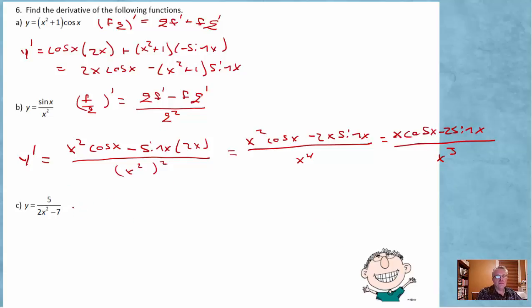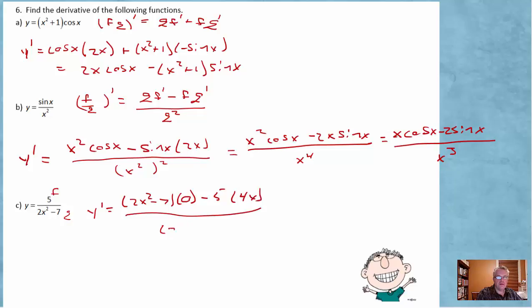Alright, last one. So use the quotient rule again. This is f, and this down here is g. Alright, so y prime equals g times f prime times 0, f prime is 0, minus f, which is 5 times g prime, 4x, all divided by g squared.